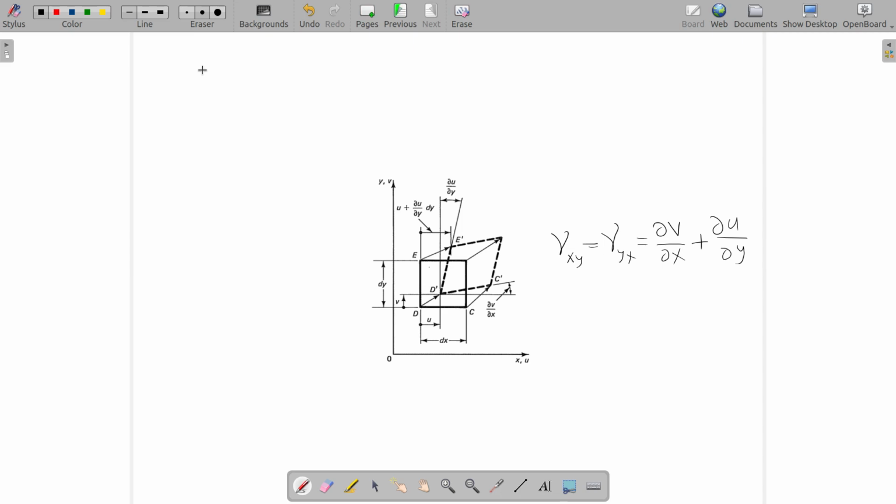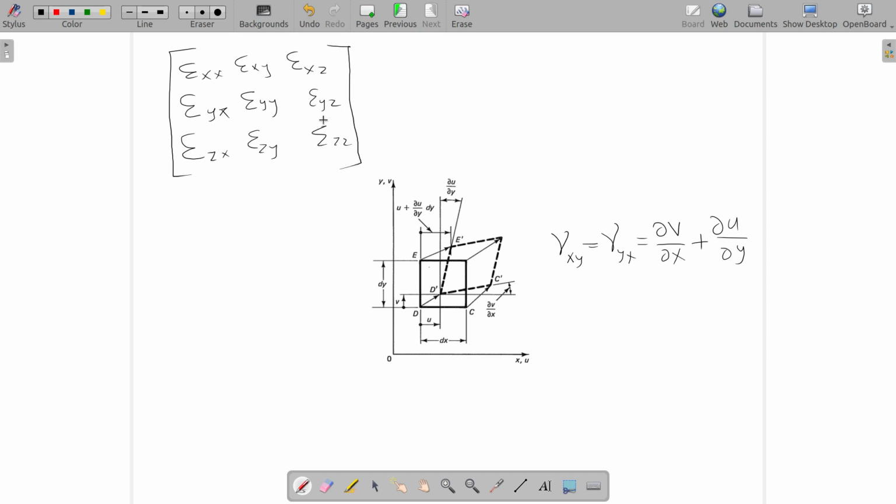So you must remember the... So this is our strain tensor.